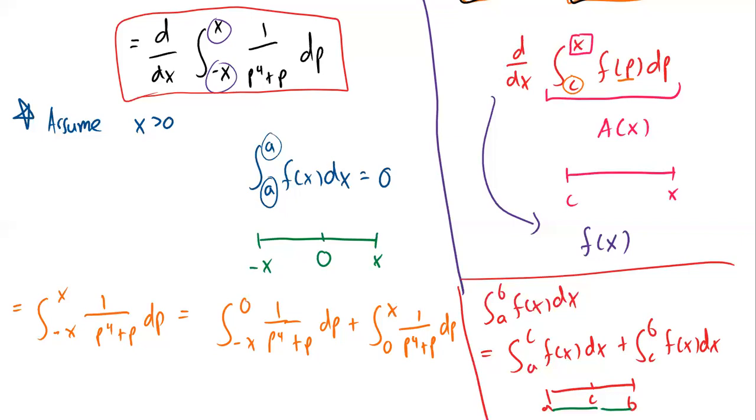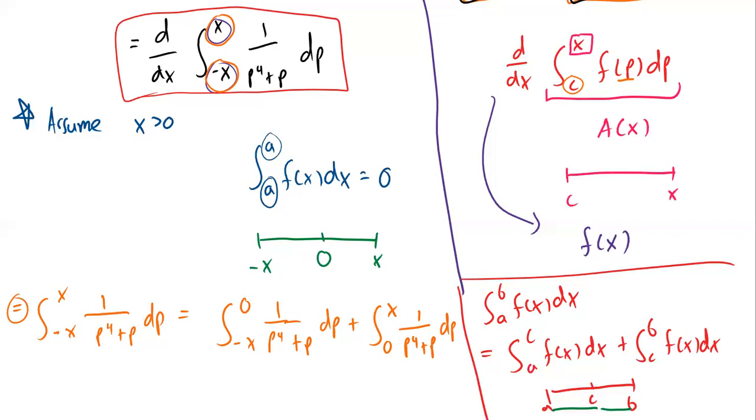So this would all simplify to just f of x. Again, the problem in our example is that the upper bound is x, but the lower bound is not a constant. So somehow we have to deal with that, and the way we deal with that is that we rewrite this integral, right, by separating it.